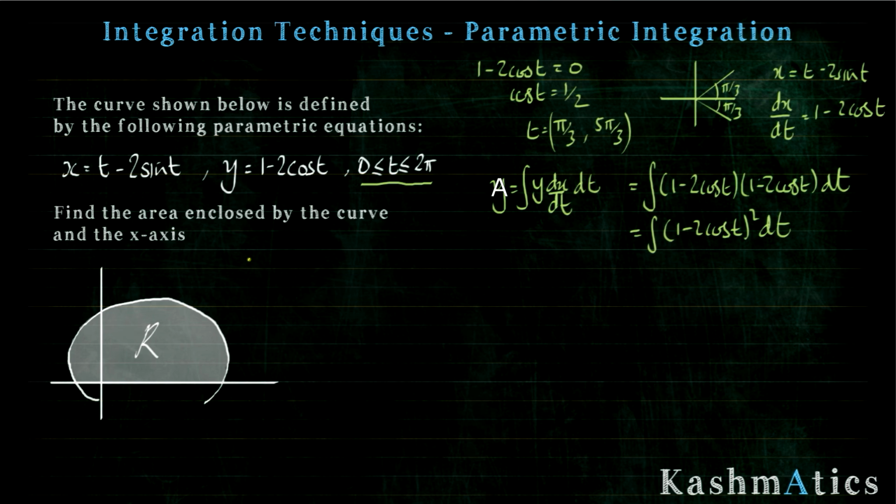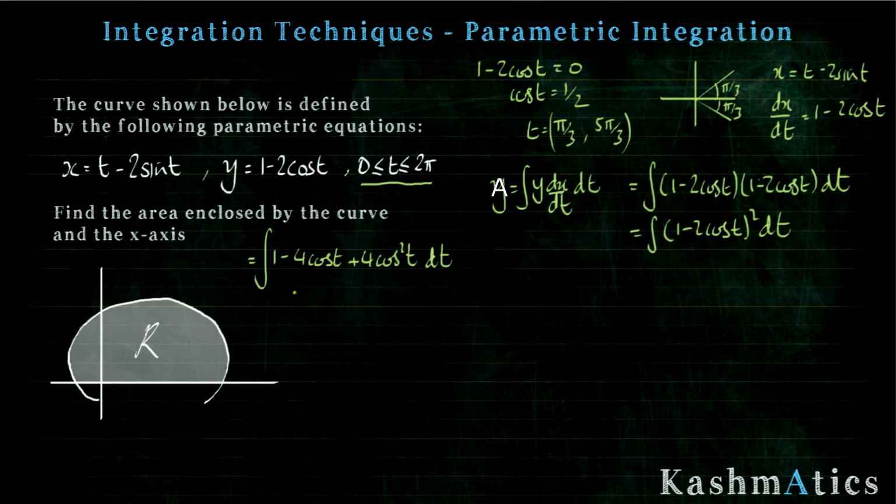So let's write it over here, because I'm going to need a fair bit of room for this. So I've got the integral of, now this becomes 1 minus 4 cos t plus 4 cos squared t dt. And if you remember from my videos on integrating trig functions, if you've got a cos squared t or a sine squared t, you use a double angle formula for cos 2t.